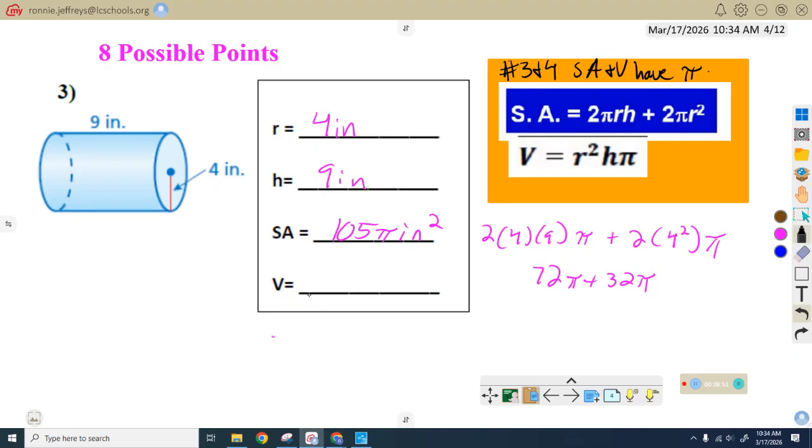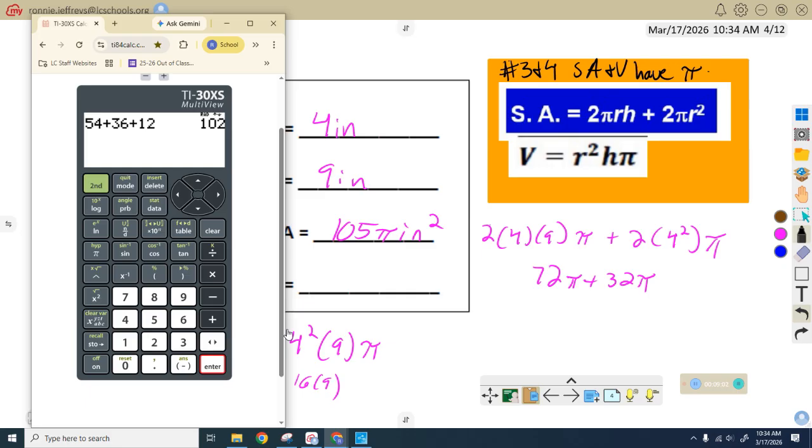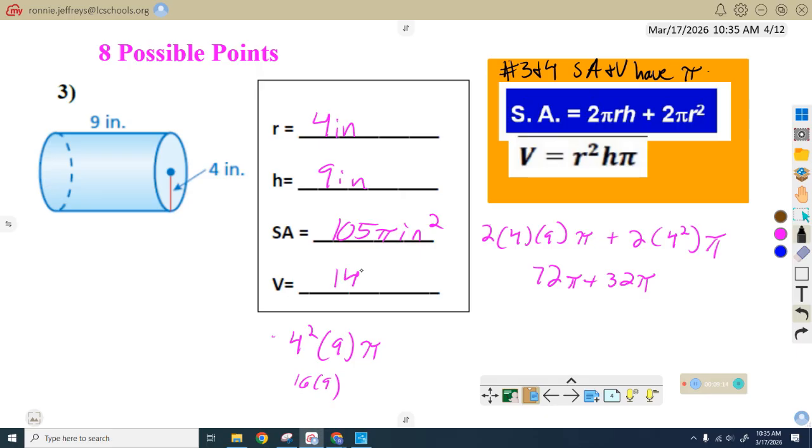All right, so volume, this would be 4 squared times 9 times pi, so 16 times 9. You could actually just type that in. So 144 inches. Oh, forgot something. Yep.